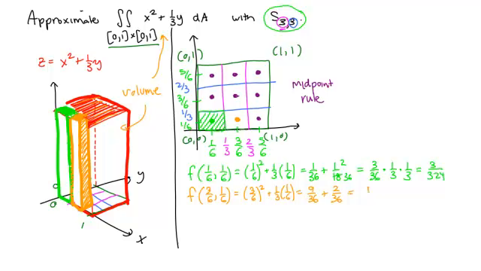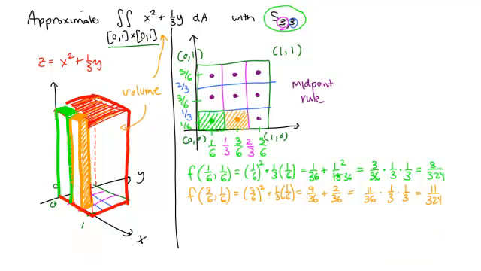And that gives me a grand total of 11/36. That's the height of the second rectangle. The base of that second rectangle has a length of 1/3 and a width of 1/3. And so that will give me a grand total of 11/324. That would be the volume of this orange rectangle that we've drawn.